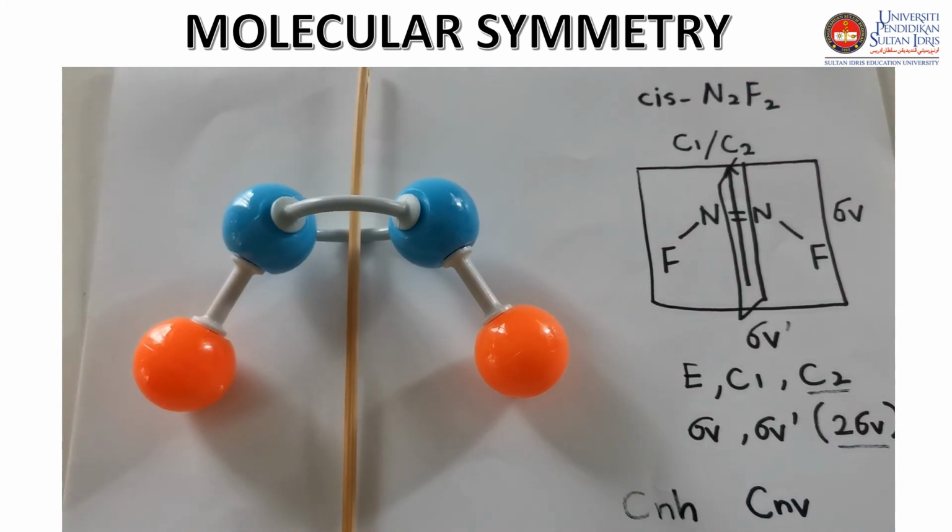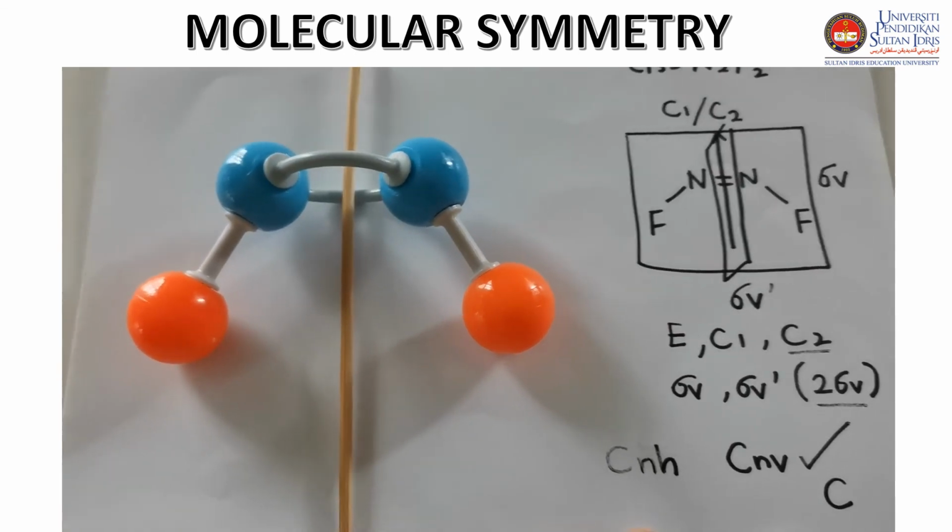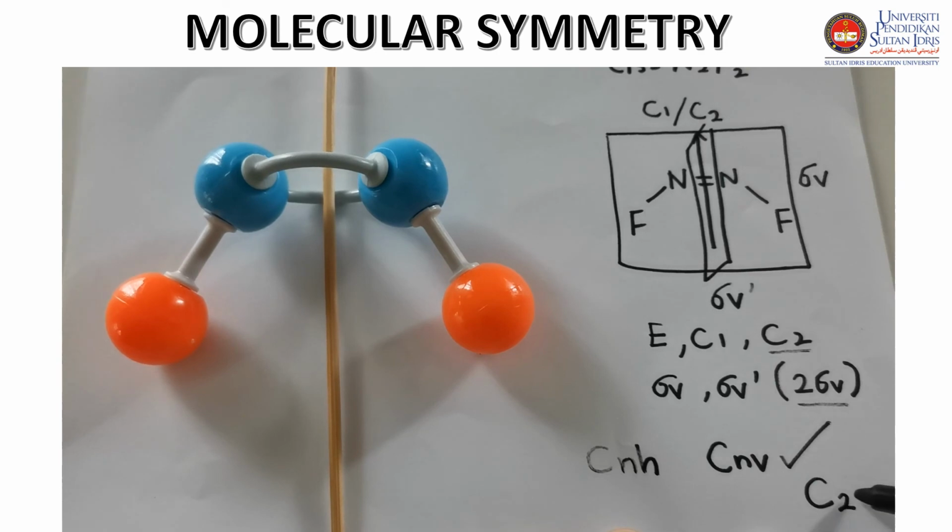Because this molecule has no horizontal plane, the best answer is vertical here. So the point group for this molecule is C2V. This is the answer for this molecule.